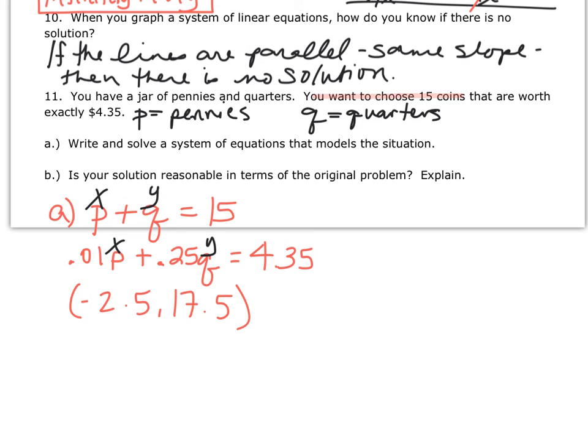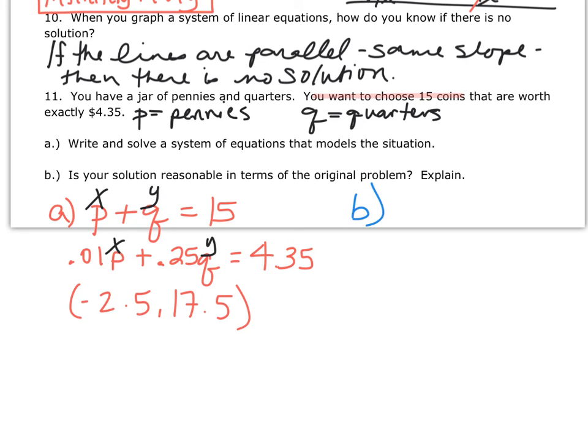So is this reasonable? Can I have negative 2.5 pennies? Oh, no. No. Can I have 17.5 quarters? No. Why not? Because you can't break them in pieces. We can't have fractions of a penny or fractions of a quarter, right?